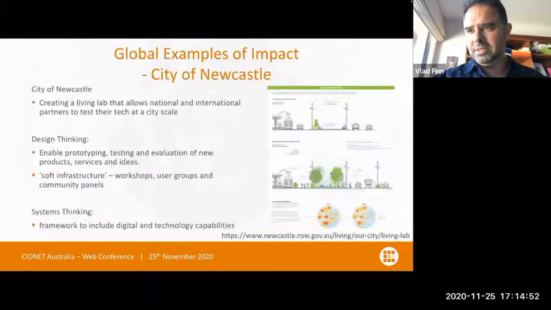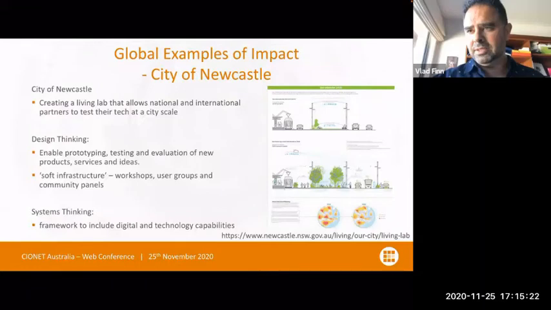So I'm going to give you an example of what the City of Newcastle is doing. This is straight from online, you can jump on and have a look. The thing that is absolutely brilliant and a standout is that the City of Newcastle here in Australia, in New South Wales, is probably one of the very few, if not the only one, that has gone with the question: what is it that we want to do as a city?